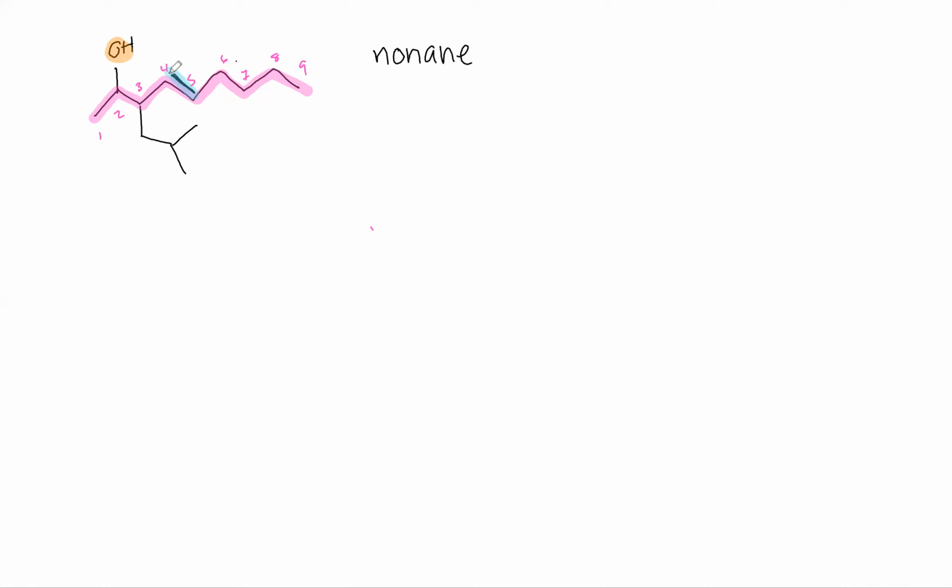If I wanted to change it using the double bond, I would call it non-ene. So you see here, I sort of changed the AN to an EN. If I wanted to name it using the alcohol, I would name it non-ol. So you can see here, I changed the E for the alcohol.